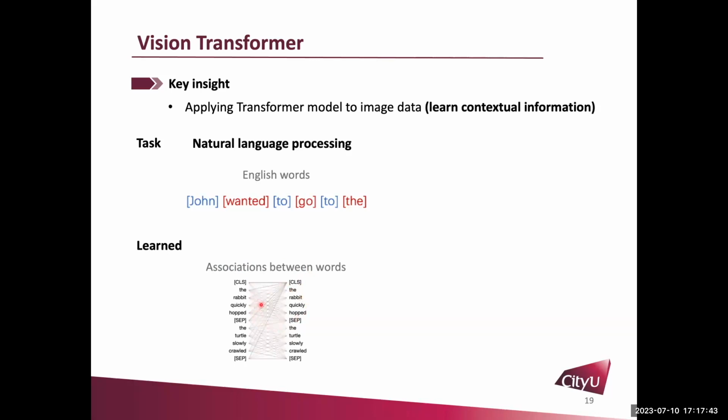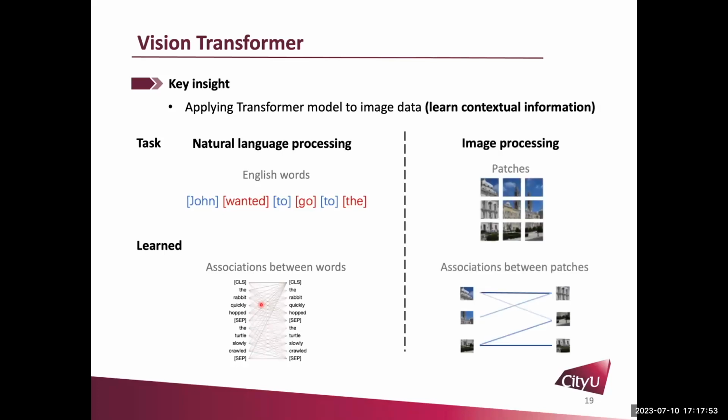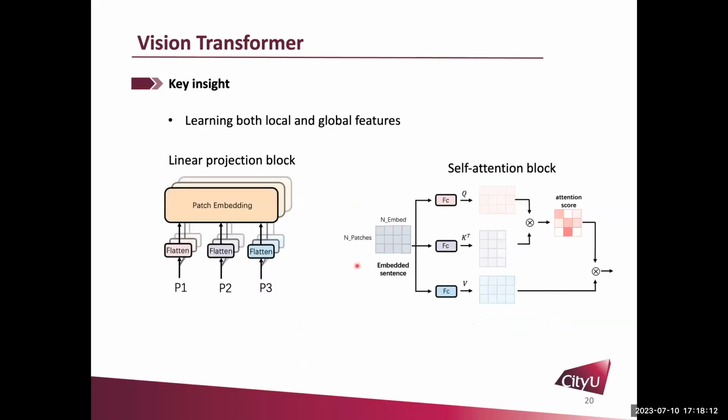Because of the powerful usage of the transformer-based model, researchers also try to adapt it to the image processing field. When handling image inputs, we will split the image into several patches so that each patch can be treated as a word. Then this model can learn the importance of the patches and the association between patches. The process of learning can be roughly divided into two parts: the patch embedding and the self-attention block.